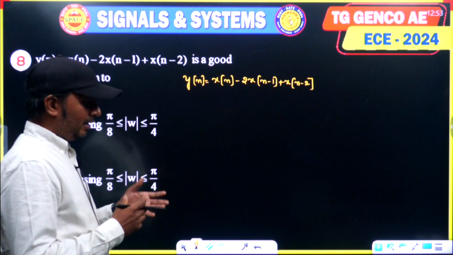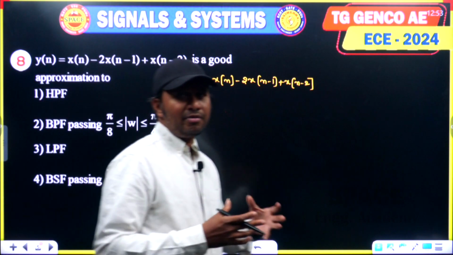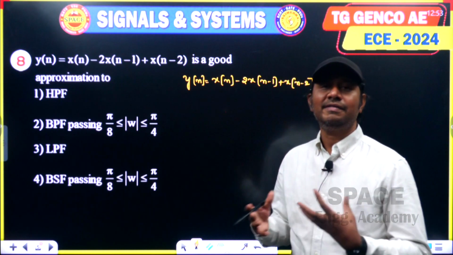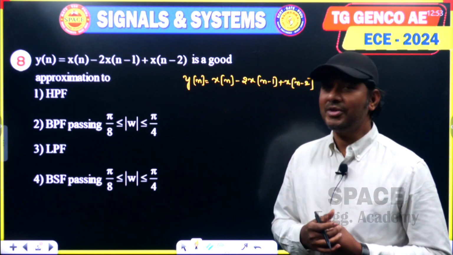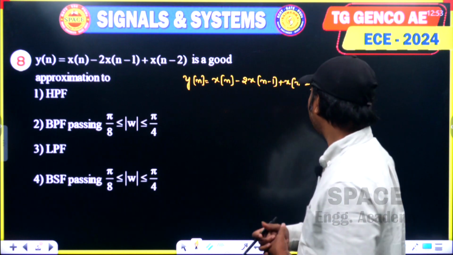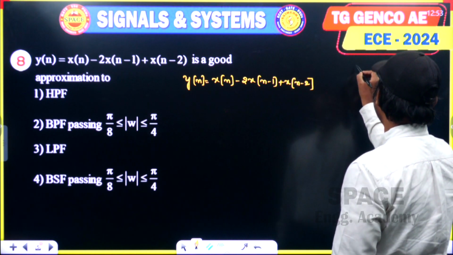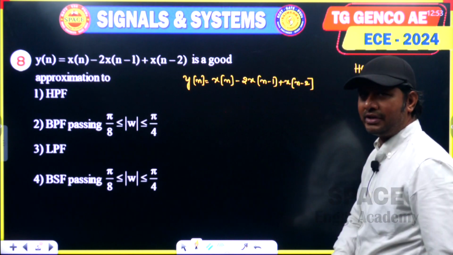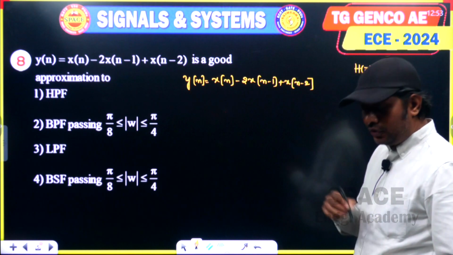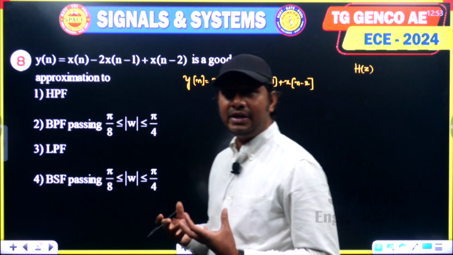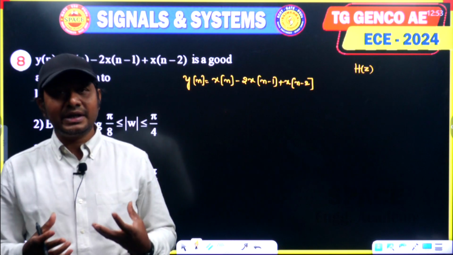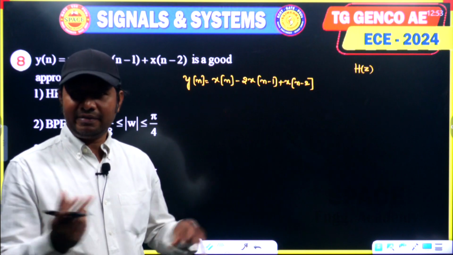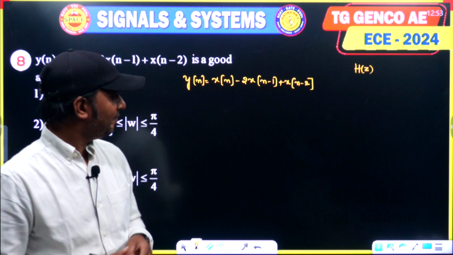See, in discrete case there are number of ways to find out the type of filter, but here let us see the Z transform. From the Z transform you try to get the transfer function H of z. From this transfer function you can get the low frequency gain, mid frequency gain, high frequency gain, and with comparison you can say what type of filter is a given difference equation, right.